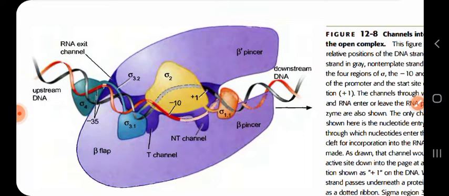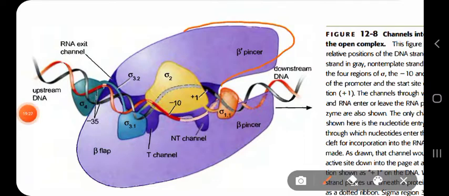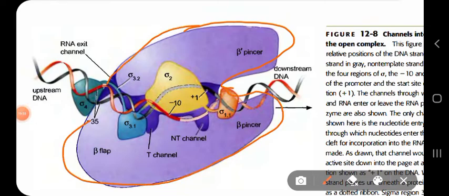One of the DNA strands is used as a template, and then it rewinds the DNA from the back. Here also the same thing is done, but here the RNA polymerase structure has been shown in a better manner, so it looks like a crab's claw, as I have mentioned before.